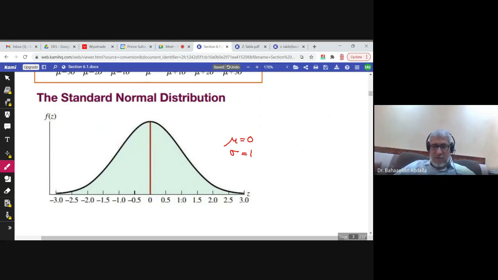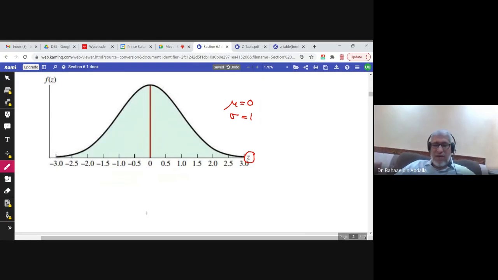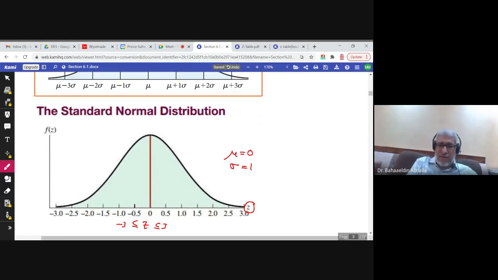So if sigma is 1, this means that the values of z, and we will call the standard normal z, all other normal distributions are called x, only the standard normal would be called z, and you can see here that the values of z are mainly between -3 and 3, because you go 3 standard deviations to the right and 3 standard deviations to the left of the mean.